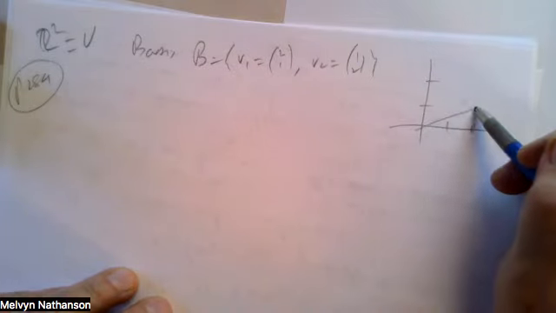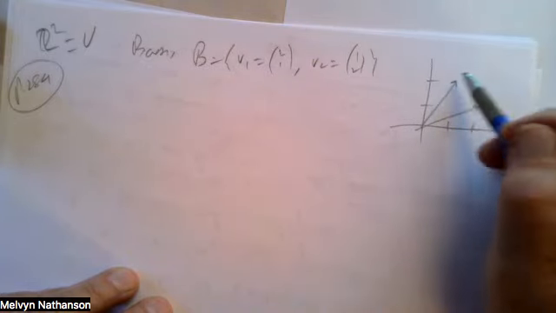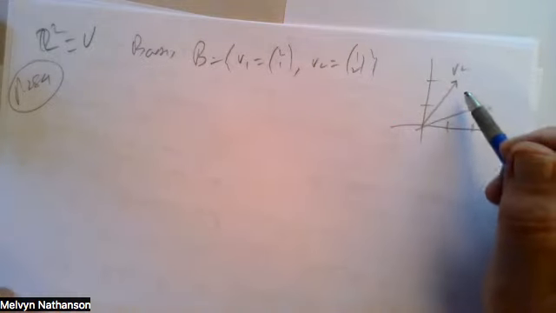So 2, 1 is this vector, and 1, 2 is that vector.